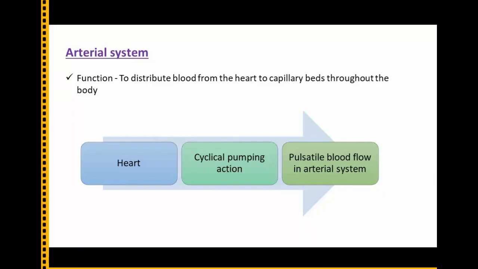The heart gives a cyclical pumping action, and with that there is a pulsatile blood flow in the arterial system. That is why when you palpate your radial artery, you can feel a cyclical, rhythmical pulse at your wrist. That is because the cyclical pumping action of the heart is transmitted through the arterial system.